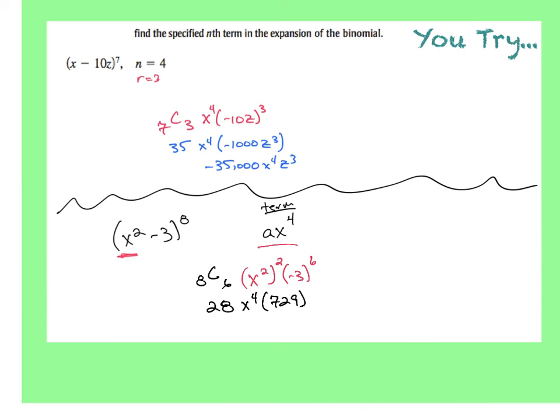And then 28 times 729 ends up being, what was it? 20,412 x to the power of 4. All right, pretty good.